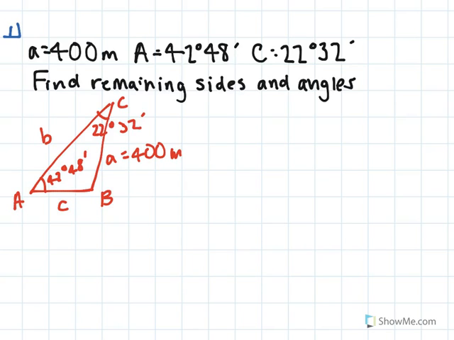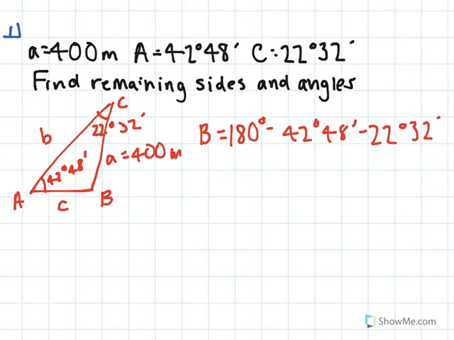We know that the degrees in a triangle have to sum to 180, so finding angle B is pretty easy. We just need to do 180 degrees minus 42 degrees 48 minutes minus 22 degrees 32 minutes.